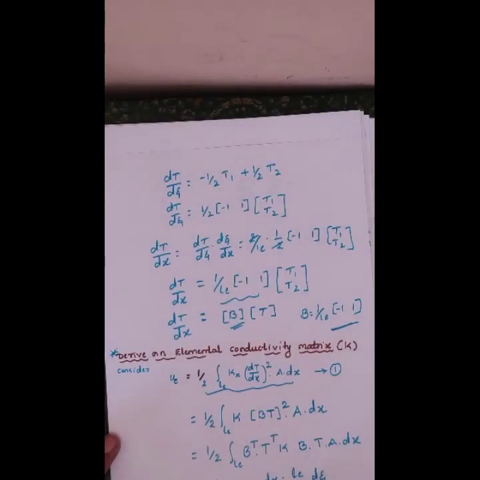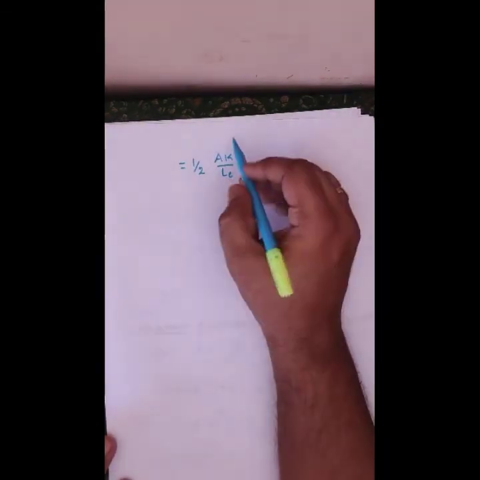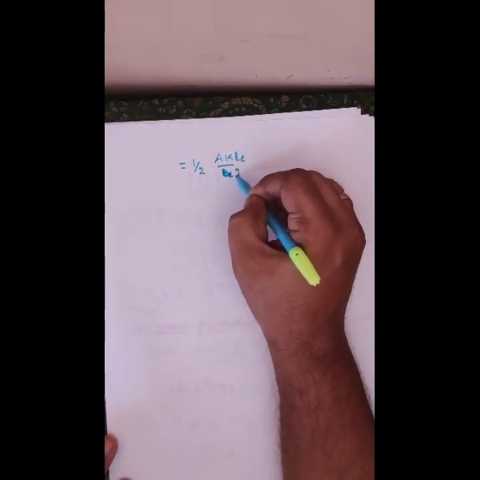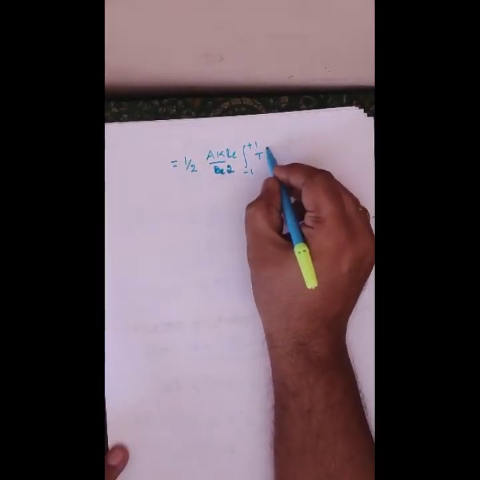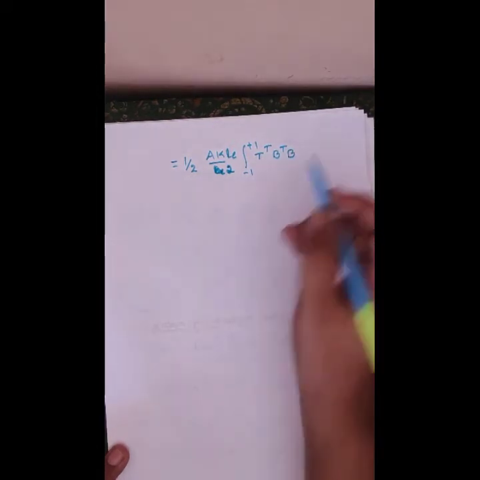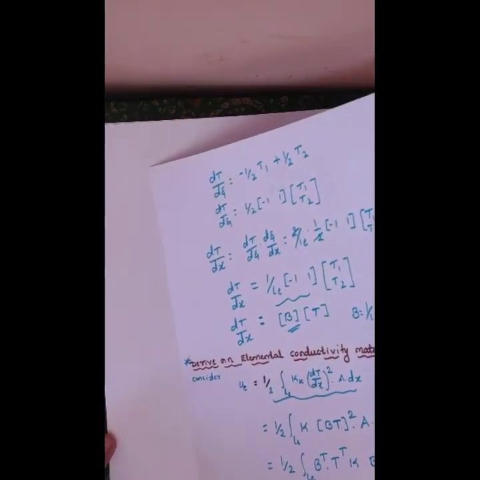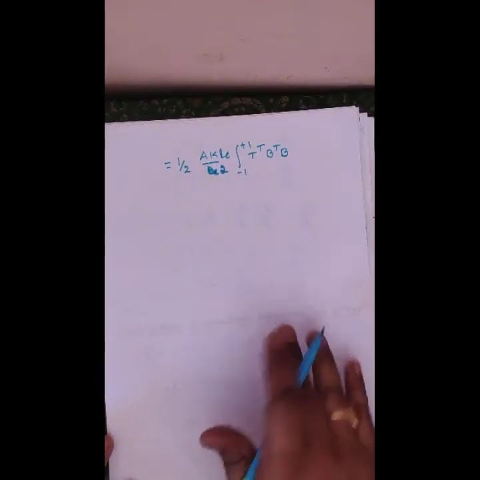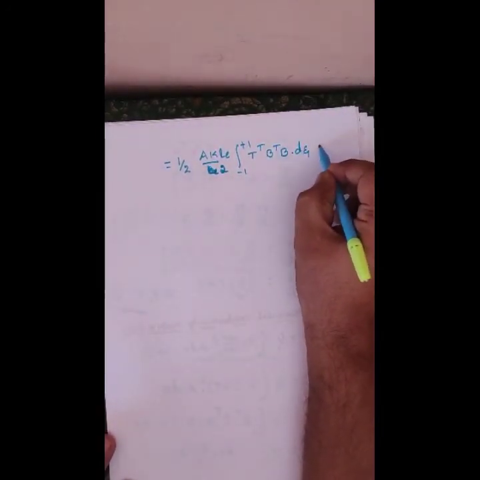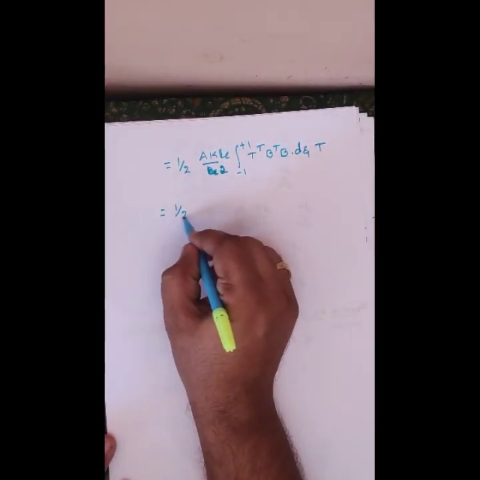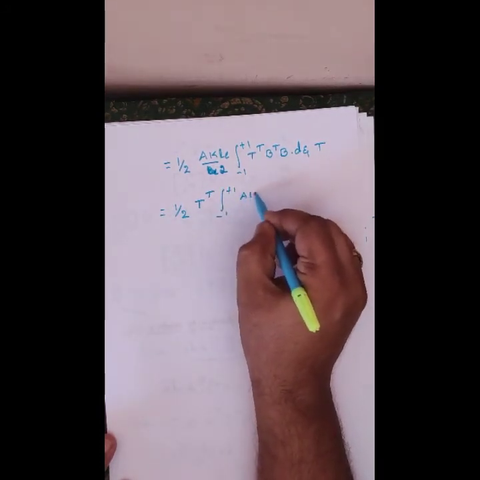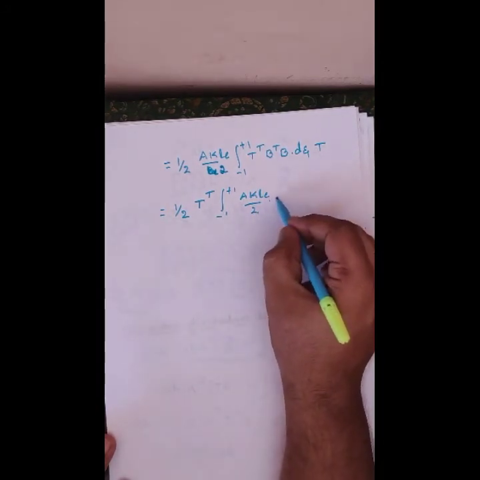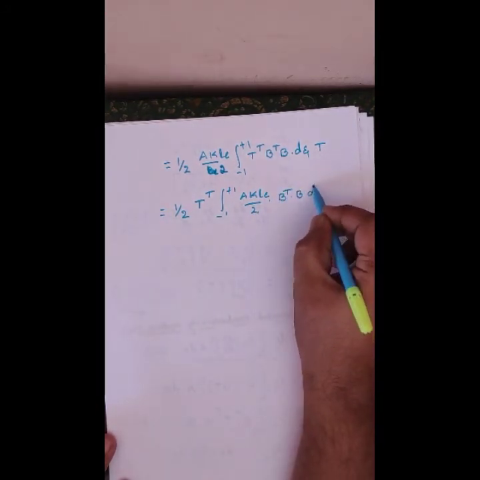So this is A K LE by 2, with the integral from minus 1 to plus 1, of T transpose into B transpose, B into d zeta, into T. Or I can simplify it further: T transpose, integral minus 1 to plus 1, A K LE by 2, B transpose B d zeta, into T. This is almost similar to your previous derivation for the bar stiffness matrix, but a little bit different.